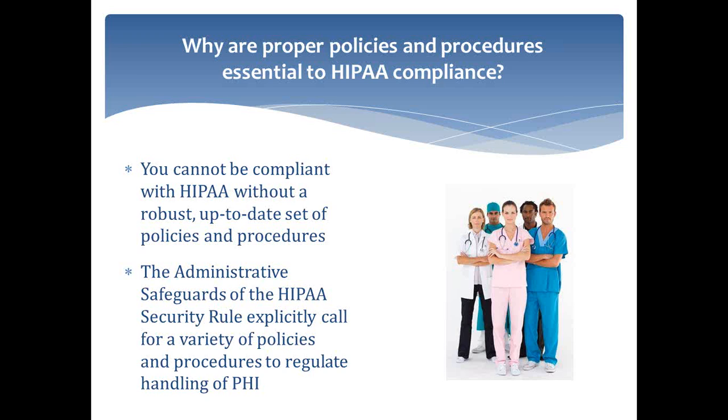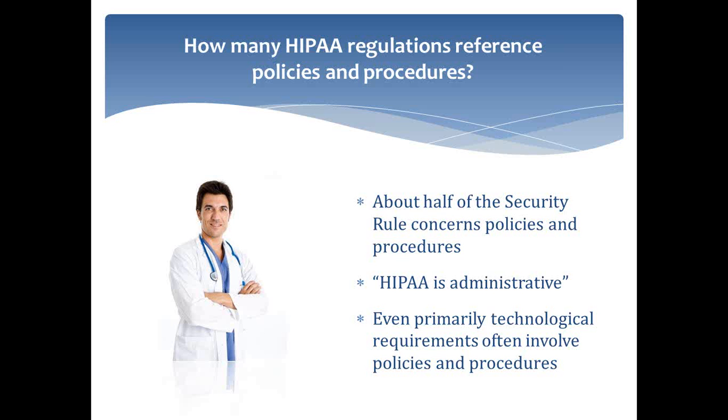And just to illustrate that point further, sometimes people think about HIPAA regulations as technological or technical standards, and certainly those are part of what needs to be done to be compliant. But a lot of people can be surprised that about half of the security rule requirements concern policies and procedures.